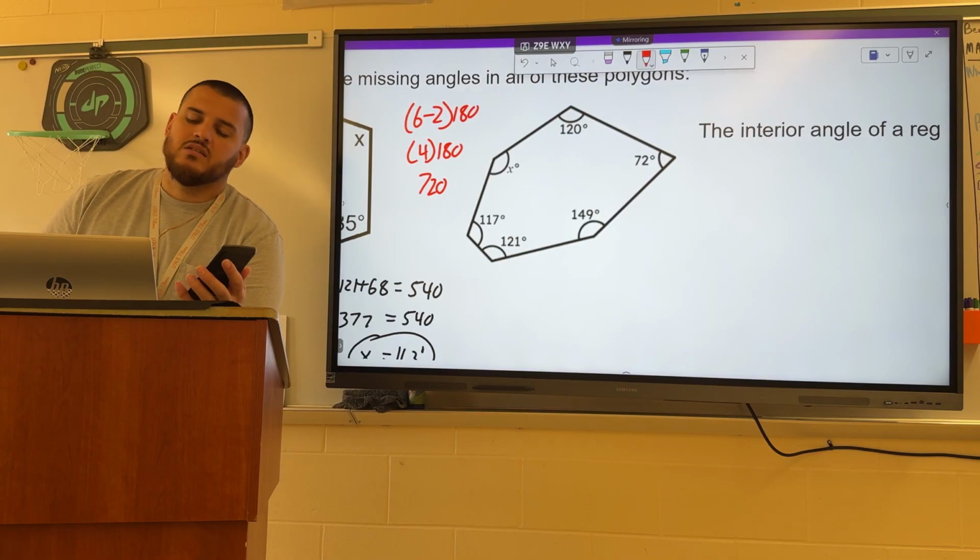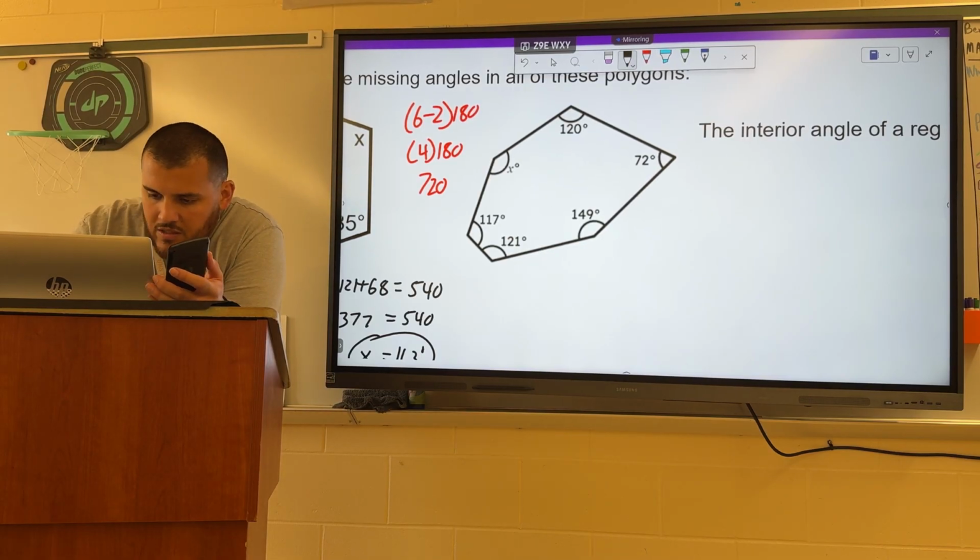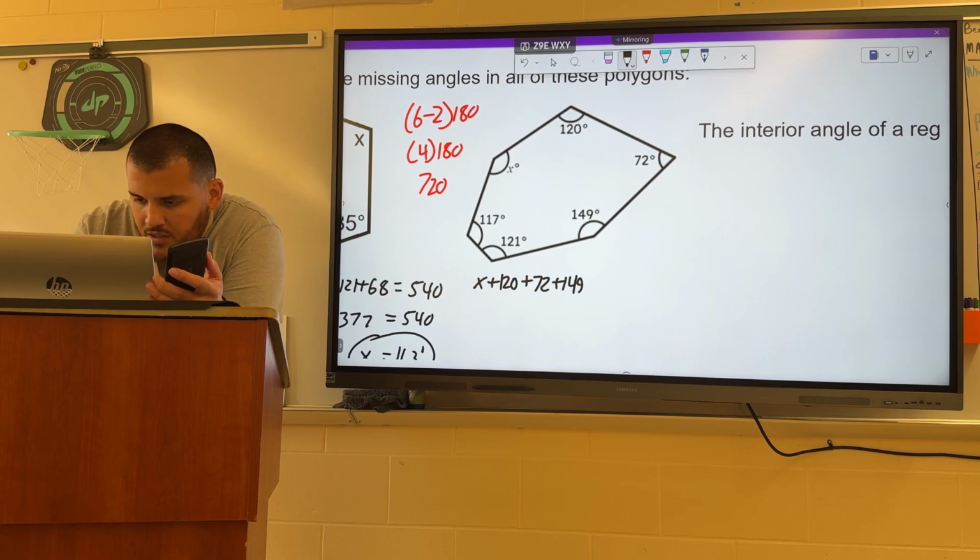So all of these angles have to add up to 720. So that means x plus 120 plus 72 plus 149 plus 121 plus 117 has to equal 720 degrees.